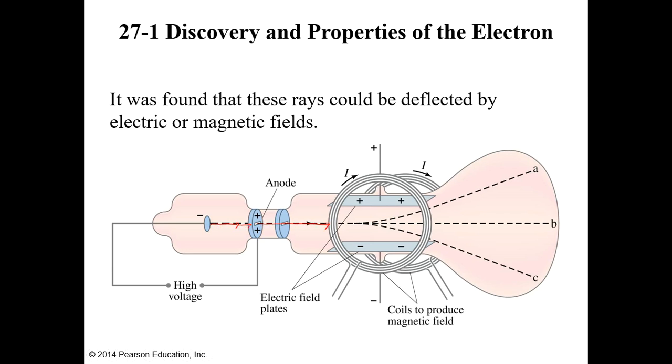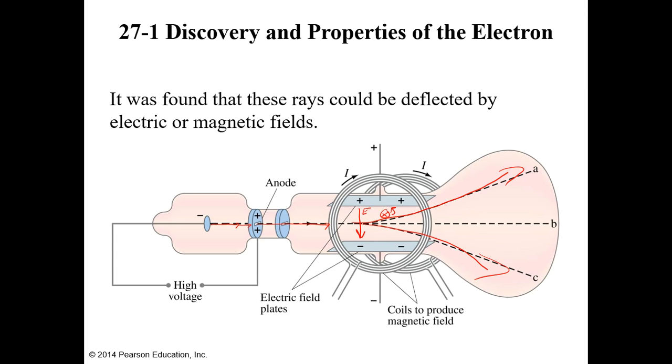And then due to either electric fields or magnetic fields, in this case it would be going into the page, so let me draw it that way. A magnetic field going into the page. Because of those fields, it creates a force on the electrons, causing them to deflect one way or another.